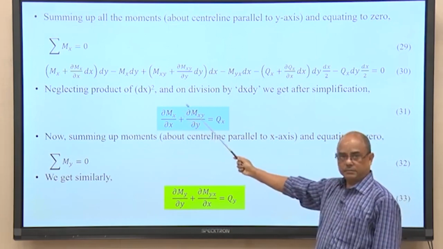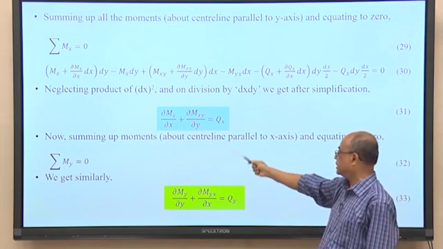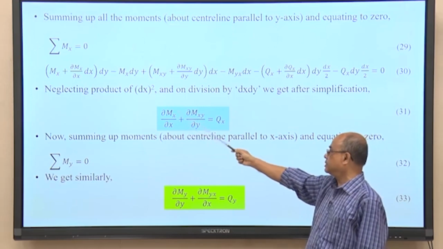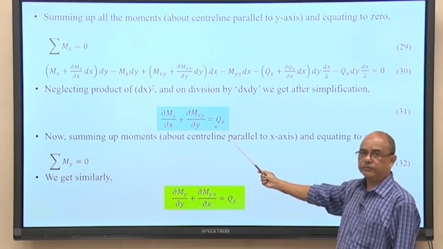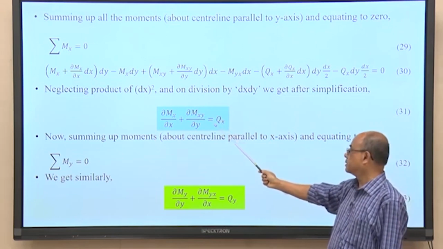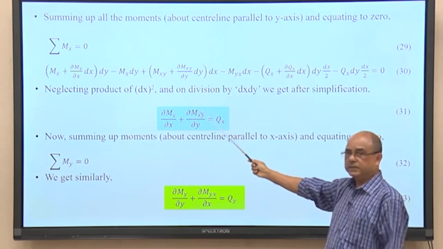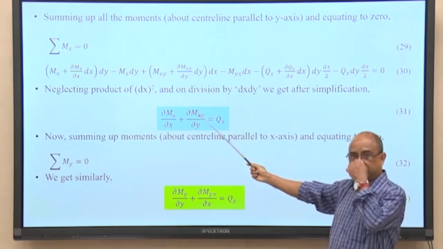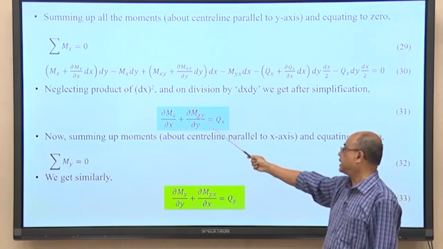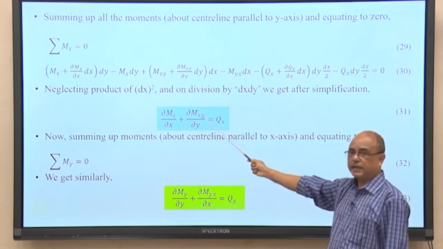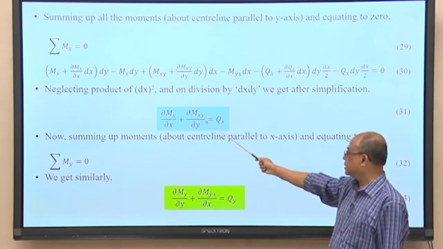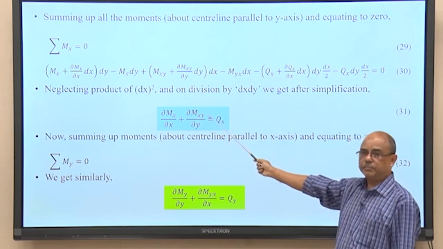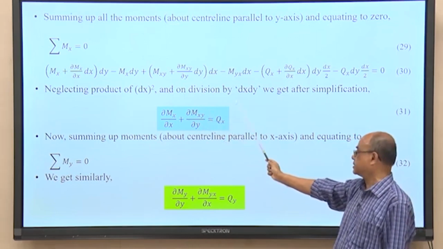You can understand the significance of each of the terms. The rate of change of bending moment along the x axis will give you the vertical shear force in the x direction. But here, del Mxy by del y, the rate of change of twisting moment along y, has to be added to obtain the vertical shear along the x direction.